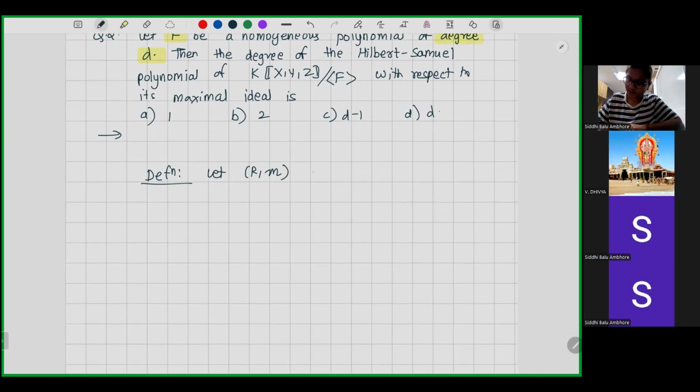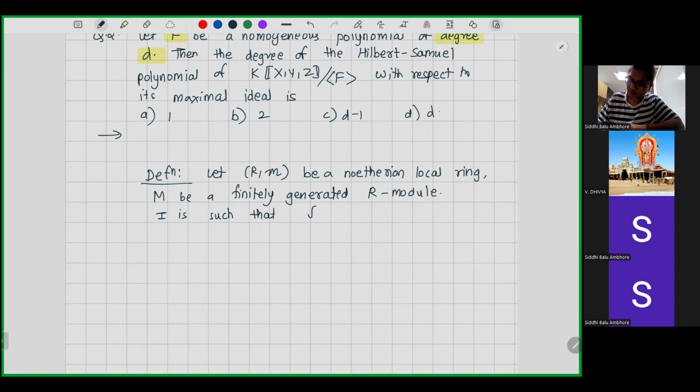Let (R, m) be a Noetherian local ring, M a finitely generated R-module, and I an ideal such that the radical of I is m.